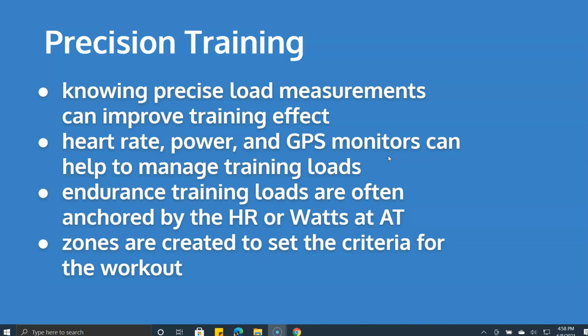If your threshold is at a certain heart rate or a wattage output for an external load, then we know where hard is, the kind of hard we're going to describe, and then we can look at all of your other work around that threshold as relative to that load. So the zones make sense because we know where they are in reference to the anaerobic threshold. Zones are created to set the criteria for the workout.